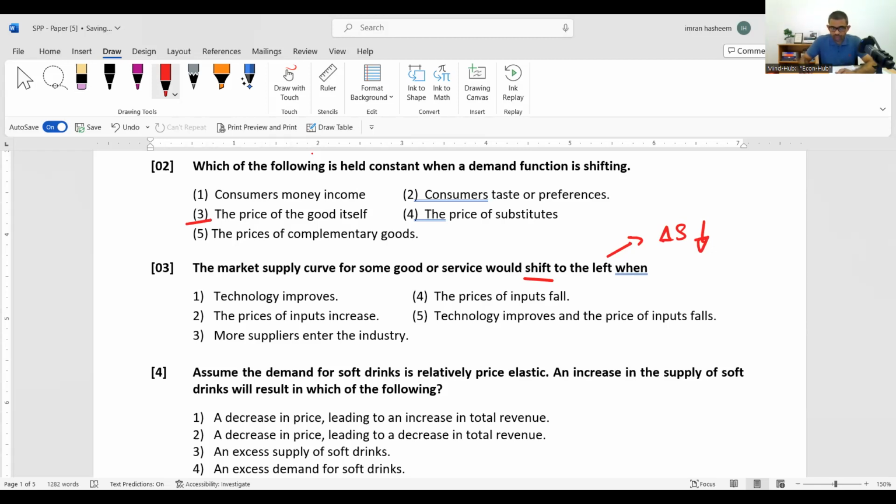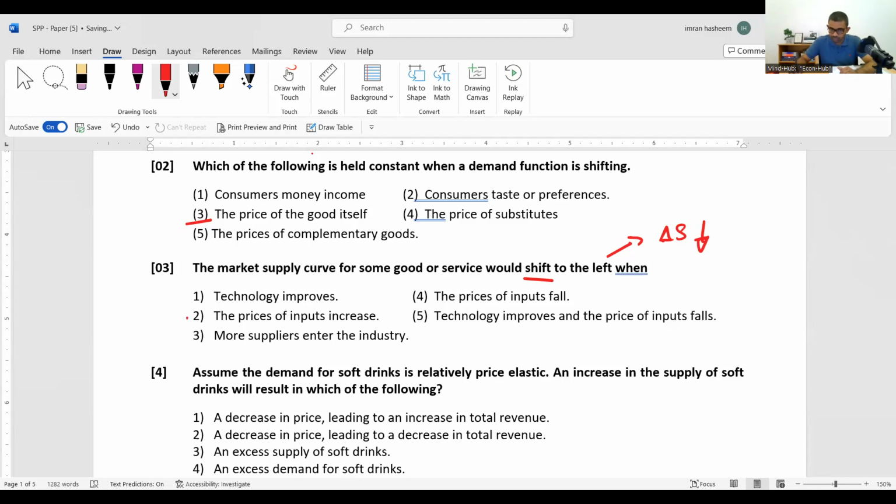Technology improves? No, because supply will increase and shift to the right. The price of inputs falls, cost of production will decrease and supply will increase, shifting to the right. The price of inputs increases, yes, cost of production will increase and supply will shift to the left. That should be the correct answer.